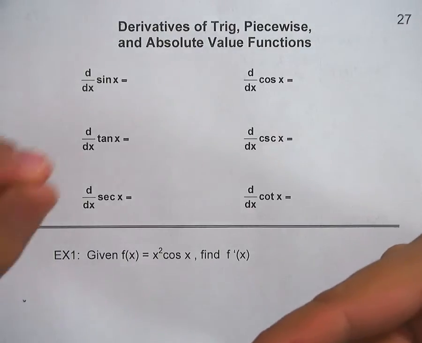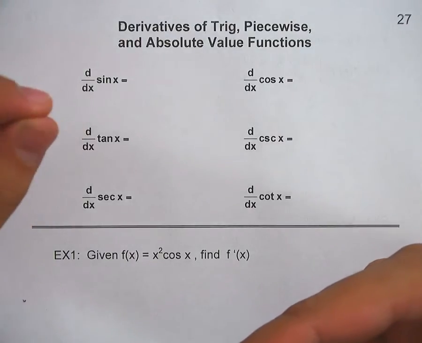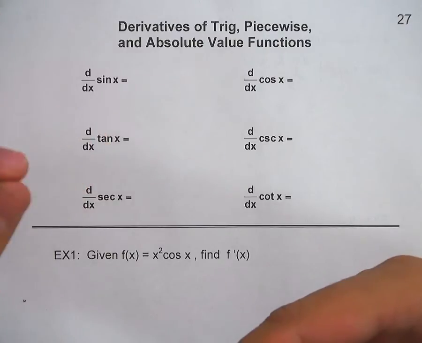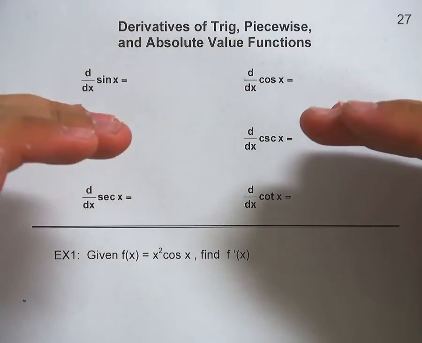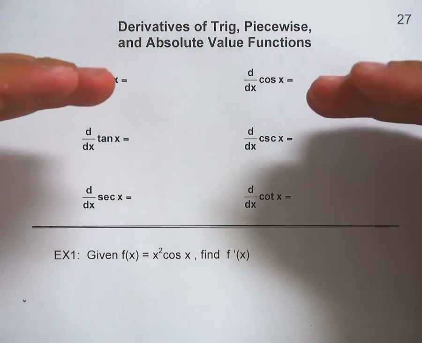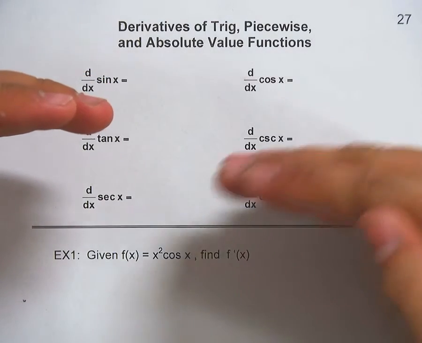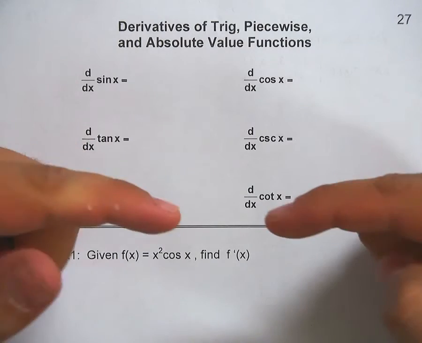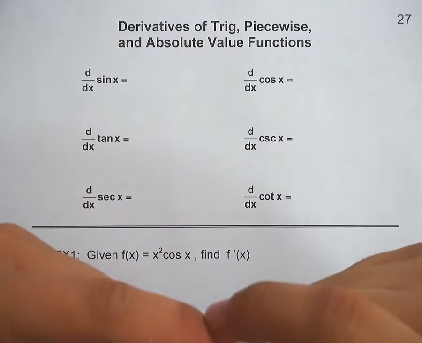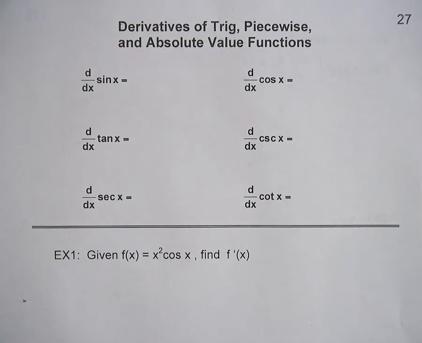But you absolutely must memorize the derivative of sine x, cosine x, tangent x, and I would say that you must memorize the reciprocals, cosecant, secant, and cotangent. Remember, those are your reciprocal functions. I will say that you must memorize those, but it's not going to be nearly of the same importance as sine, cosine, and tangent. Okay, so it's going to be extremely important that you memorize these derivatives.